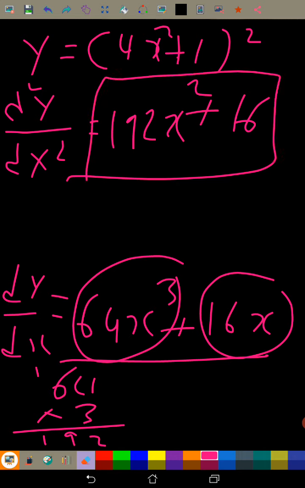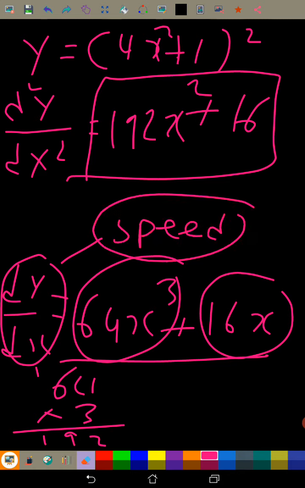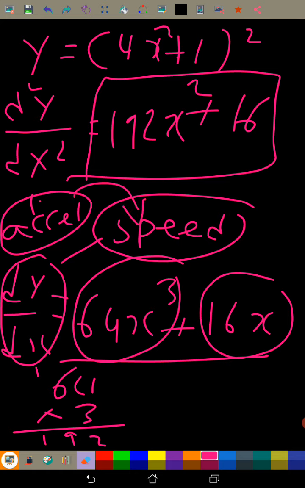So this is how we do a second derivative. We differentiate the first time, and then we differentiate the second time. The first derivative can give you, for example, speed, just for you to know why we do this. The second one is acceleration, the rate of change of the speed, which is the rate of change of distance.